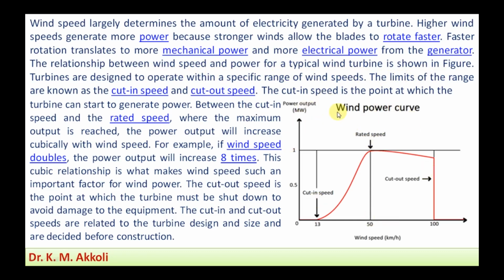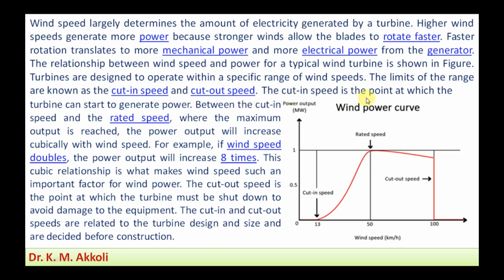The turbines are designed to operate within a specific range of wind speed. The limits of the range are known as the cut-in speed and the cut-out speed.